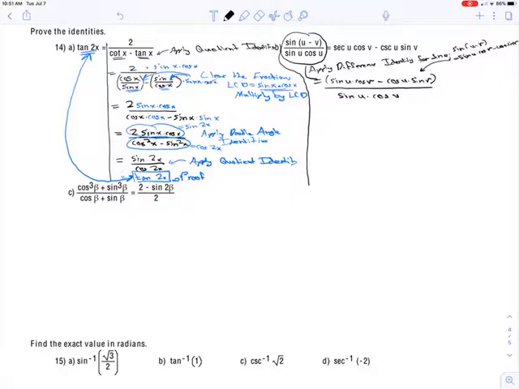All right, now what I'm going to do is separate it. So we've got a fraction. Let's go ahead and separate it into two fractions. We've got two terms in the numerator, so let's divide both terms by the denominator. We'll break this up.